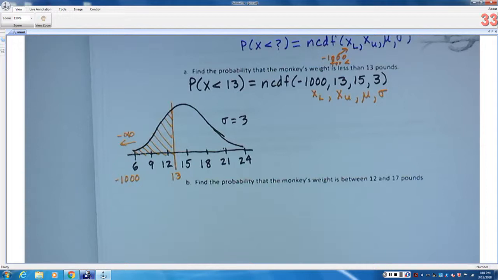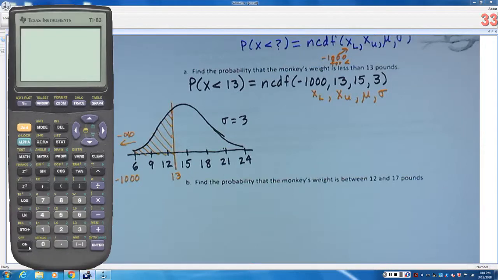So we're going to put that in our calculator. Second distribution, normal CDF, negative 1,000, comma, 13, comma, 15, comma, 3. If you get all of those numbers mixed up, you're going to get the wrong answer. 0.2525.